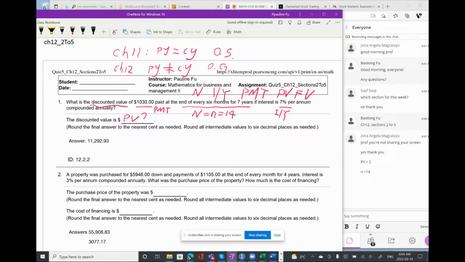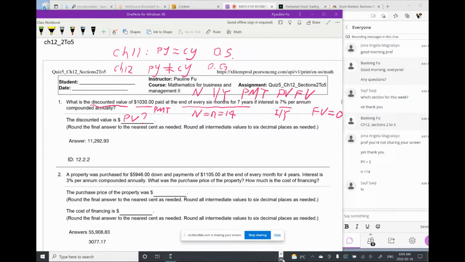Right now, we only have PMT, N, IY. What number should I put on? Do not forget FV is 0, so that you have 4 numbers. Thank you, Safi. Fantastic. So now you ready?